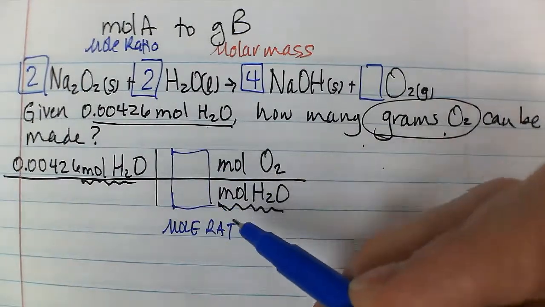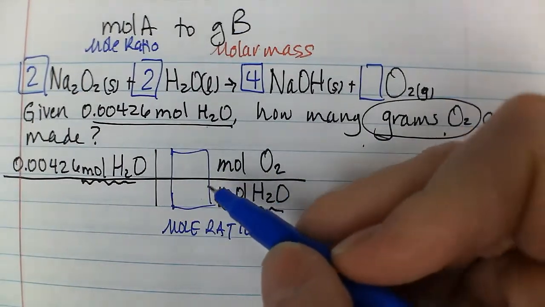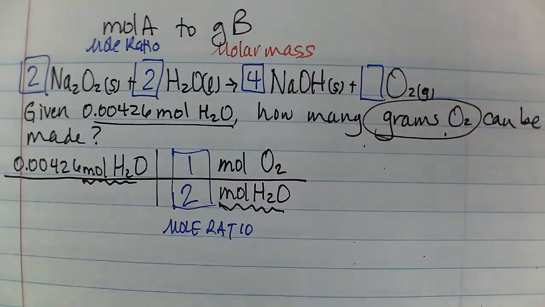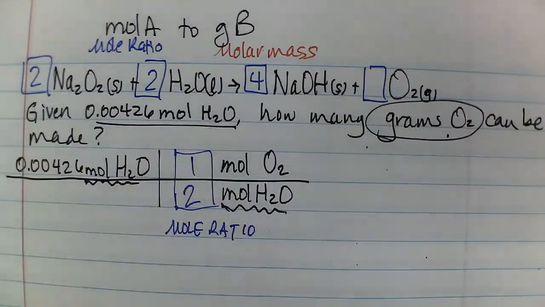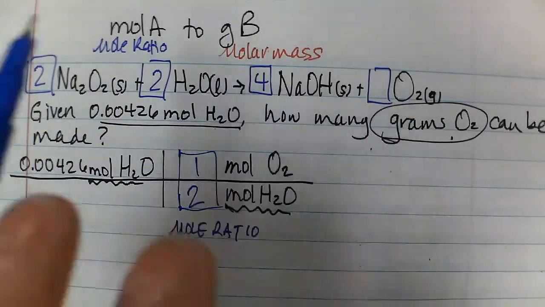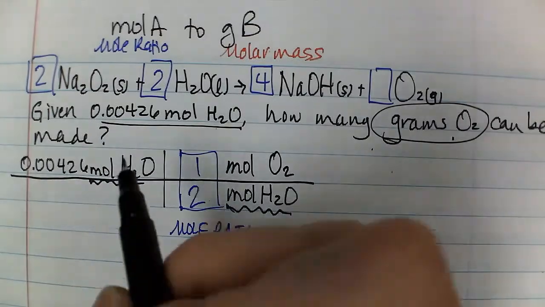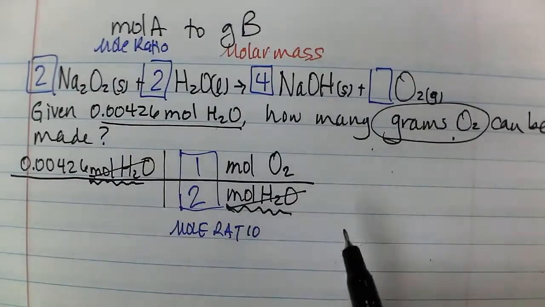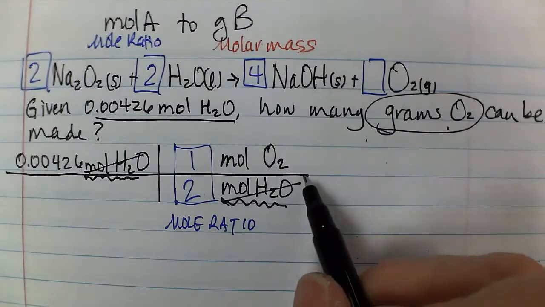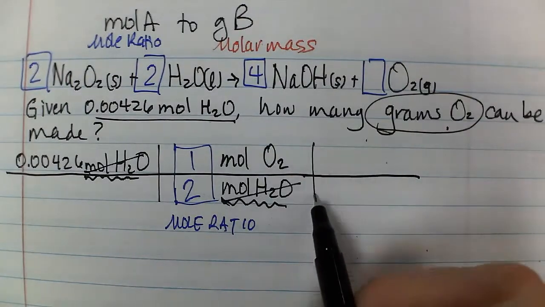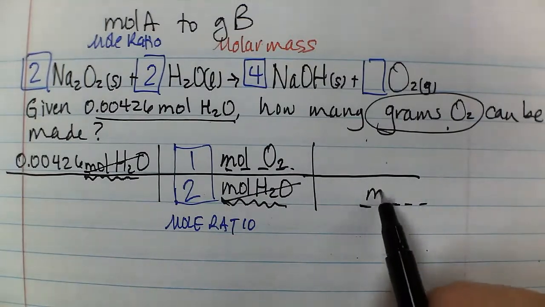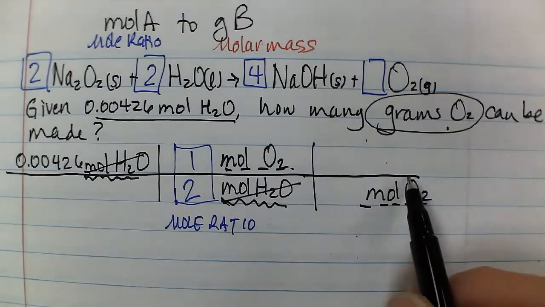And that is the only way you can do that transition from one compound to another, by using that mole ratio, because that lets us jump from here to here to here to here based on the number of moles in the balanced equation. So now moles of water has crossed out, but I want to get rid of moles of O2. So once again, I want moles of O2 on the bottom.